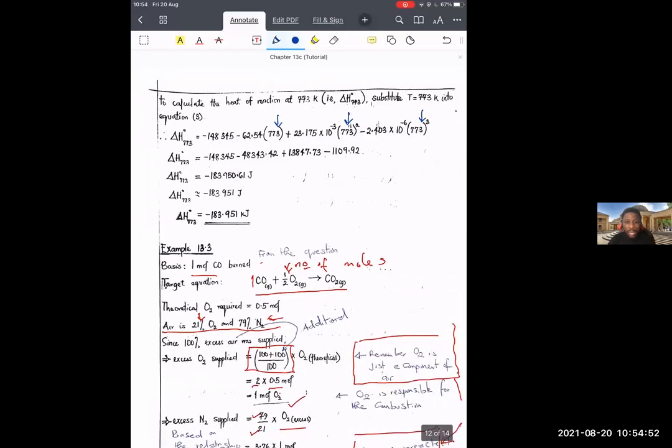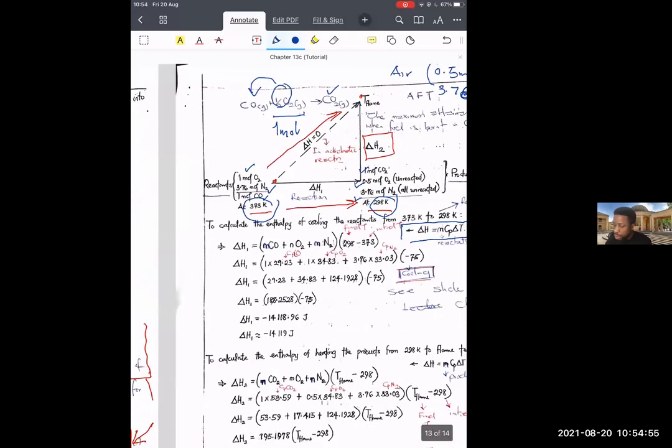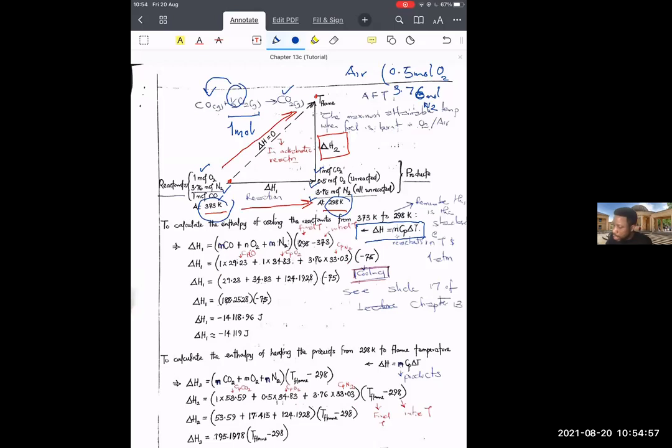So that is why you can put it as 0. Let's incorporate what we have. Number of moles, 1. Remember, I said you should write that down earlier on. That is CP, heat capacity for carbon monoxide, heat capacity for oxygen, heat capacity for nitrogen, and then the change in temperature.